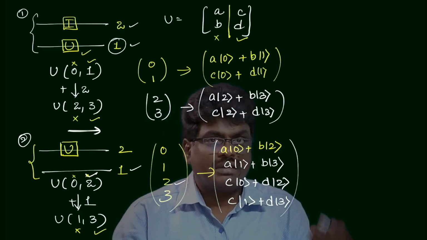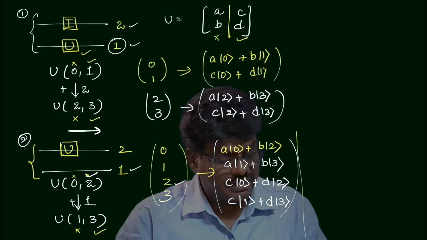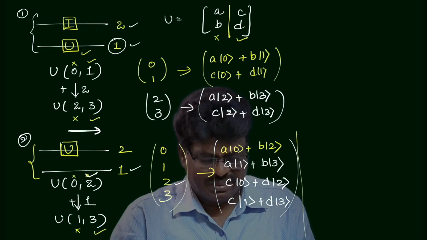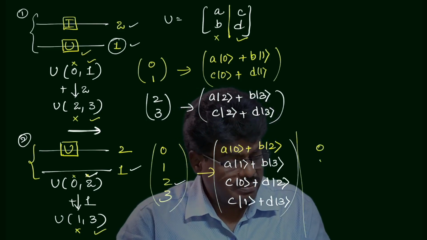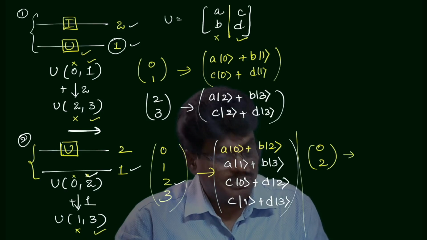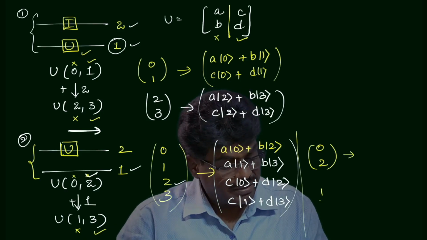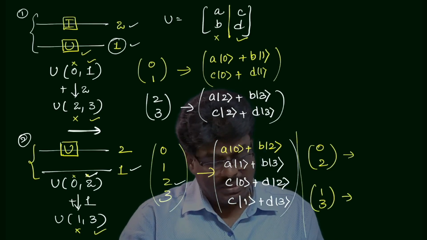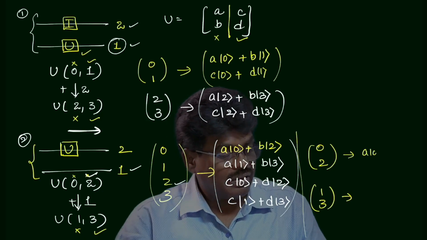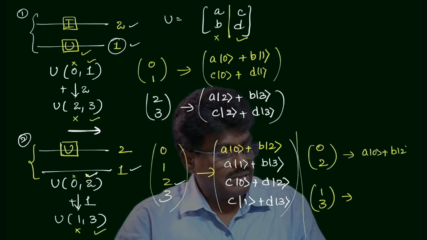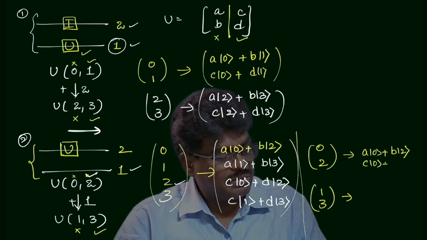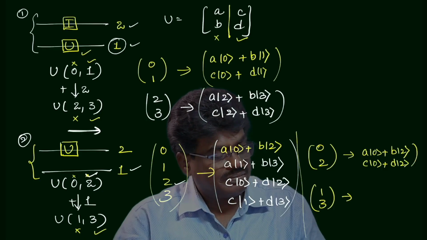If you have any confusion, you can do like this also, you please take the numbers of this state or anything, it's okay, no problem. If you have any trouble, 0 2 you can take separately, and after that 1 3 you can take separately. For example, if you take a 0, that is off, a0 plus b2. If you take 2, it is in on, that's why c0 plus d2.